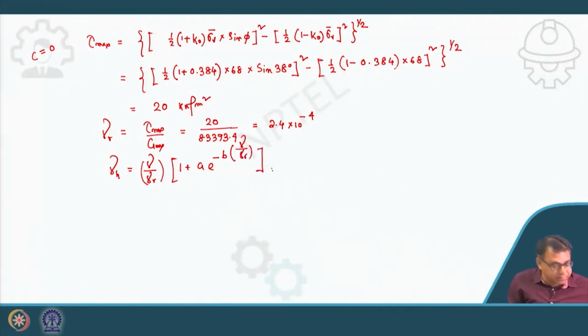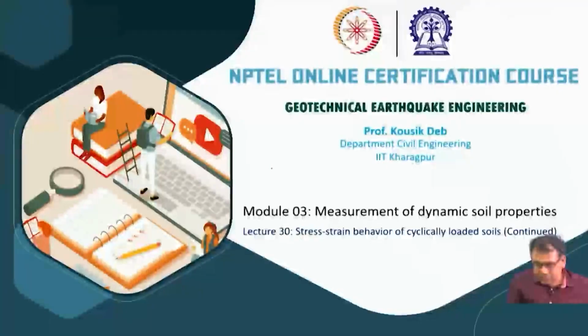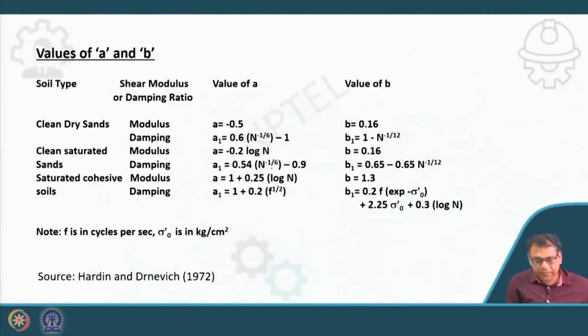Now calculate AB. What would be the AB? You can see, is this the clean dry sand? No, because this is below the water table. So it will be clean saturated sand. So for clean saturated sand, this is my A, this is my B, and for damping calculation, this will be A1, this will be B1.